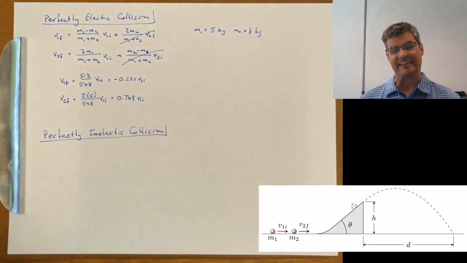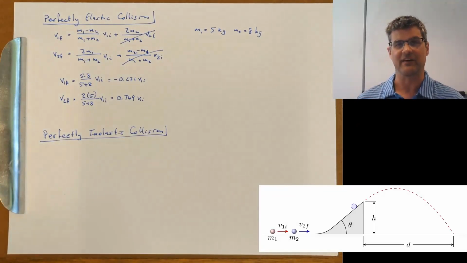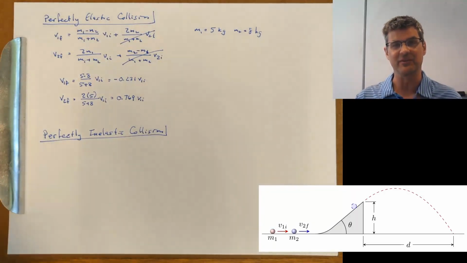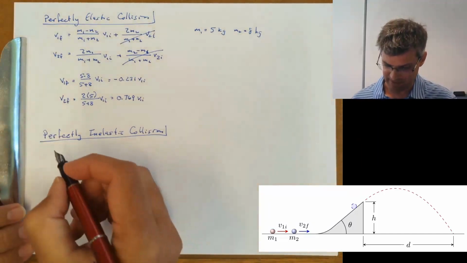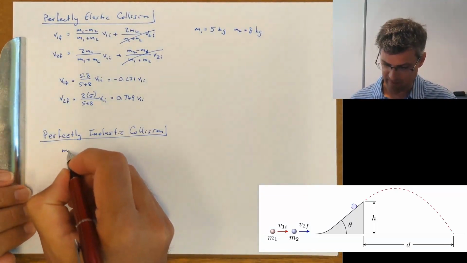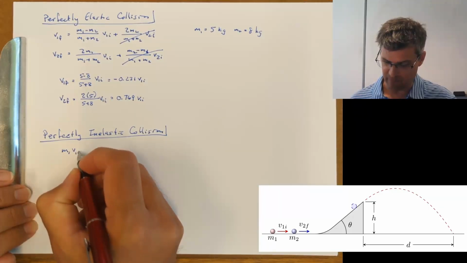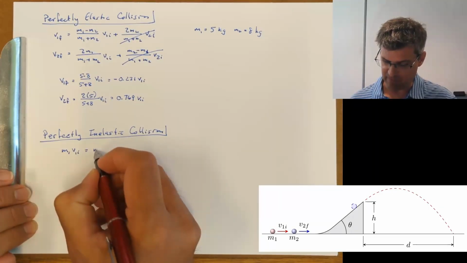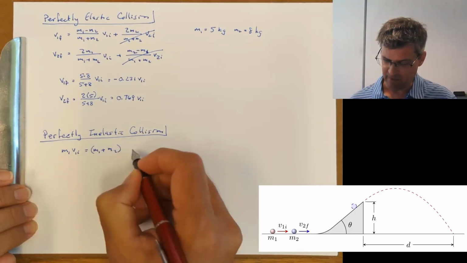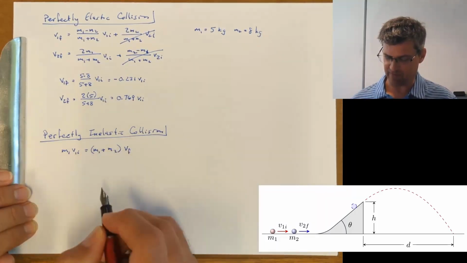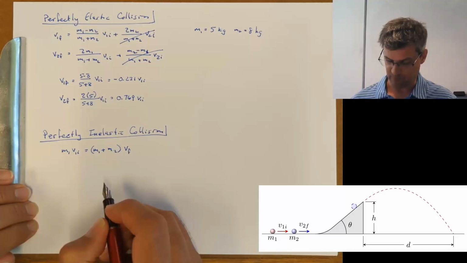And with a perfectly inelastic collision, we remember that M1 is going to hit M2, and the two objects become one object. So M1 V1 initial is going to be equal to M1 plus M2, this combination moving at some final speed, right?